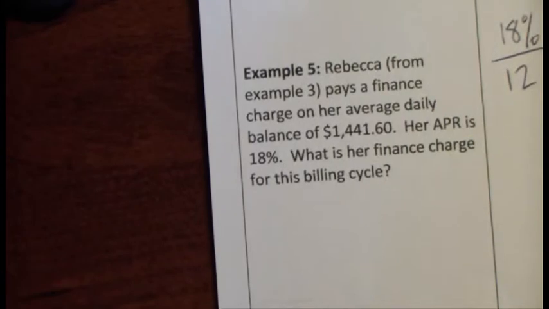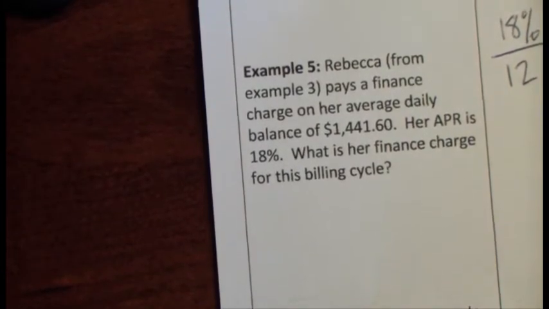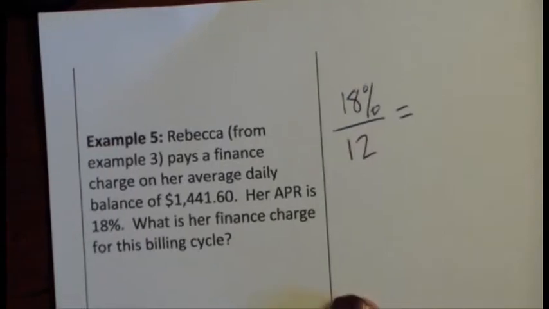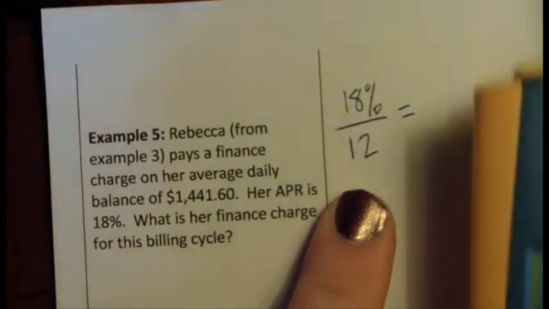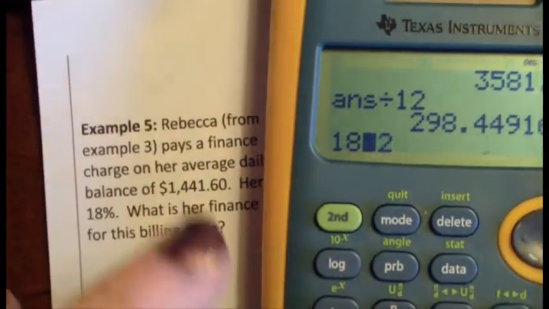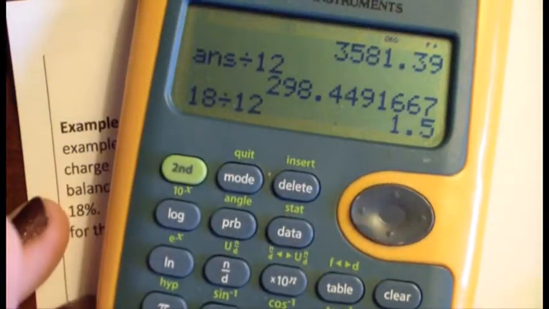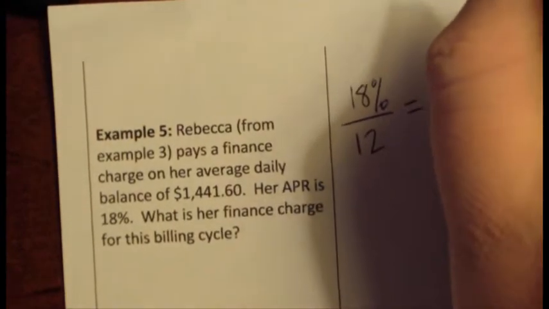Example 5. Rebecca from example 3 pays a finance charge on her average daily balance of $1,441.60. Her APR is 18%. What is her finance charge for this billing cycle? All right, so we're going to take her APR, which is 18%, and divide it by 12 months. 18 divided by 12 is 1.5. So her monthly percentage rate is 1.5%.